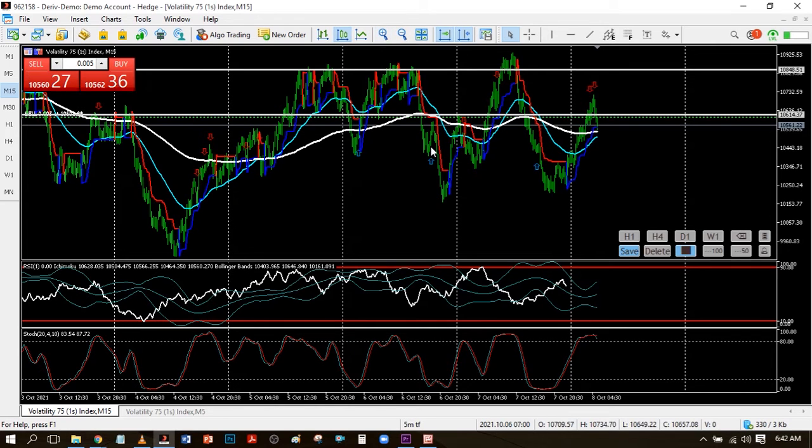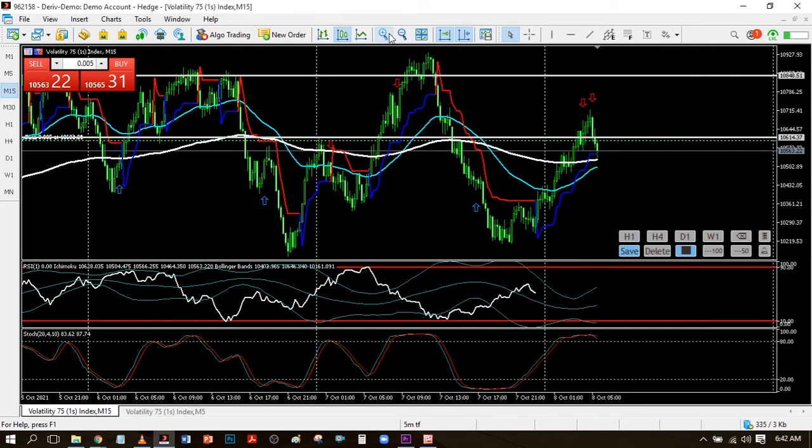Now basically, why did I actually take the trade? Very simple. As I explained in the previous videos on how the indicator works, you can see that my indicator here already gave me an arrow.